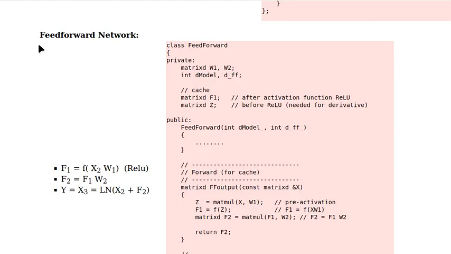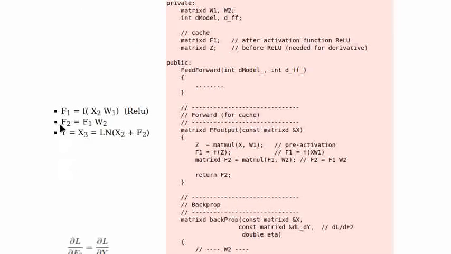The block below the last add and norm is the feedforward network. The implementation of the backpropagation of this block is straightforward. It involves two matrices W1, W2, and we need d_model and d_ff. d_ff is the dimension of the feedforward network. And as discussed before, these are the forward computation equations.